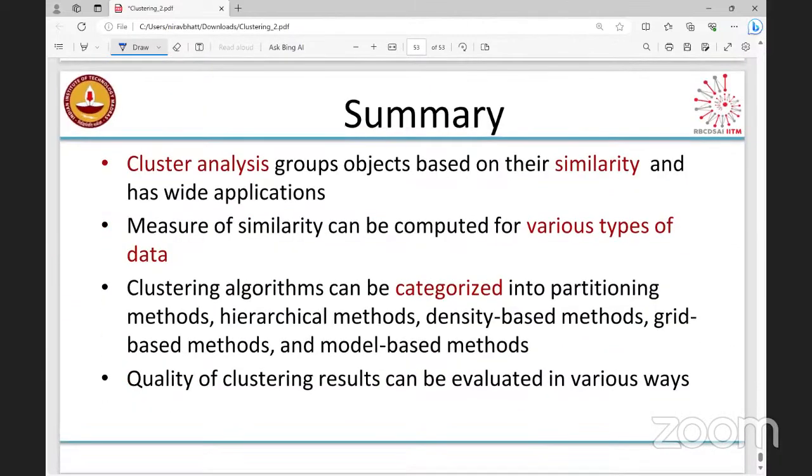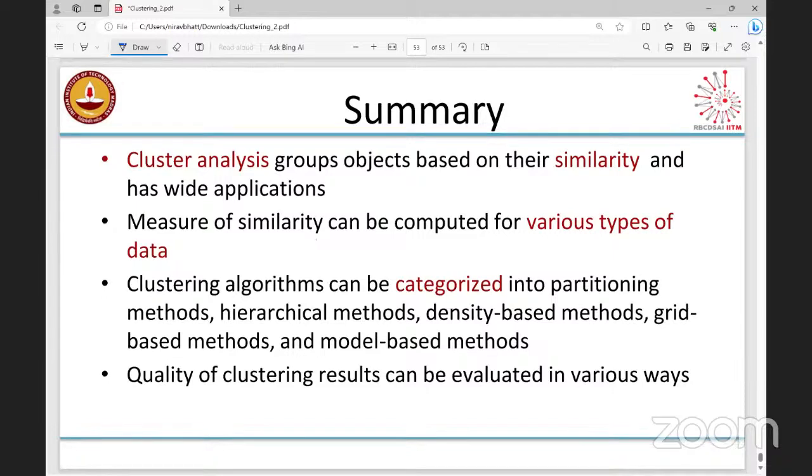So let me just summarize the clustering analysis. Clustering analysis is the method which groups objects or data points based on some notion of similarity, with wide applications ranging from image analysis, marketing, customer segmentation, to outlier detection.